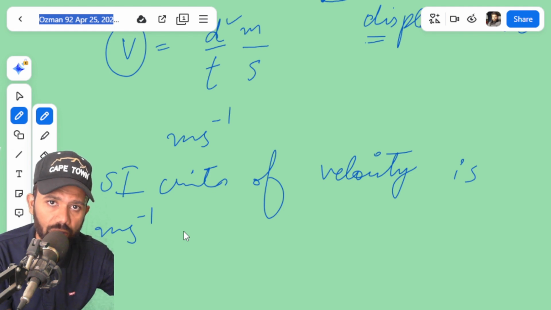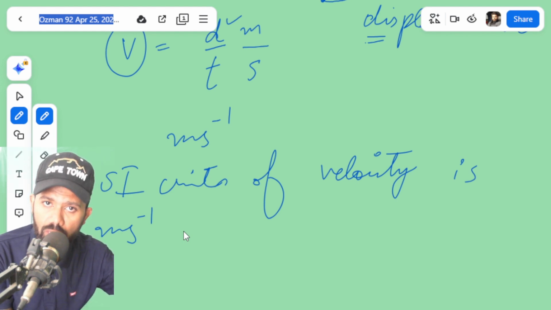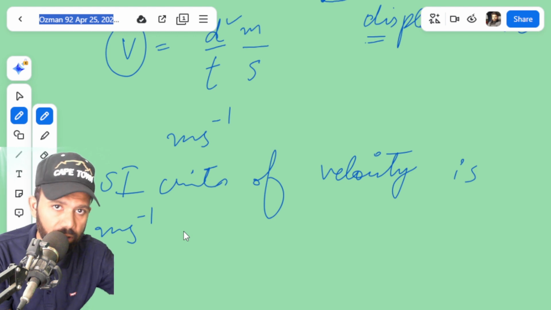Though we have other alternatives, in your course or syllabus we mostly find velocity in meters per second, but it can be measured in alternative units depending on the situation, as I already mentioned, right? If the examiner asks you to find velocity in meters per second, you have to find it in meters per second. Otherwise, it's fine to find it in any other alternative units, right?